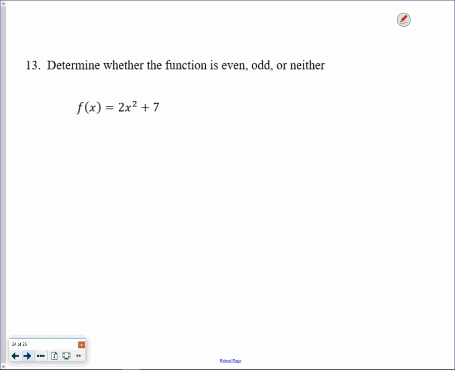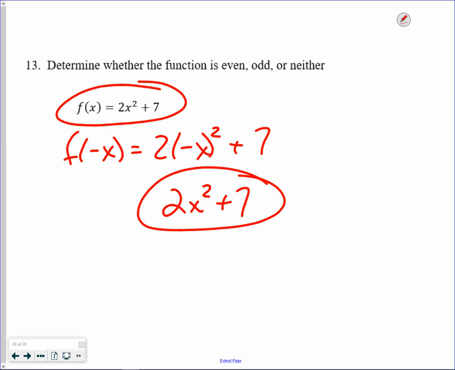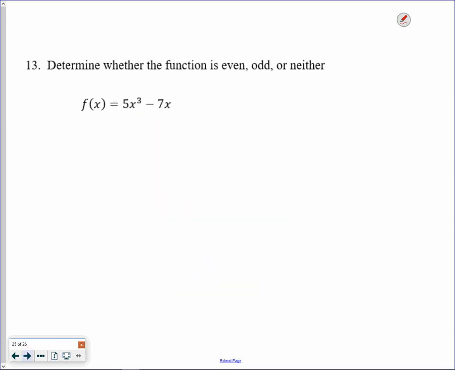Odd, even, and neither. If you plug in negative x for all the x's, negative x to the second power goes back to positive. Look at the new function and look at the original function. If they are the same, it is considered an even function.